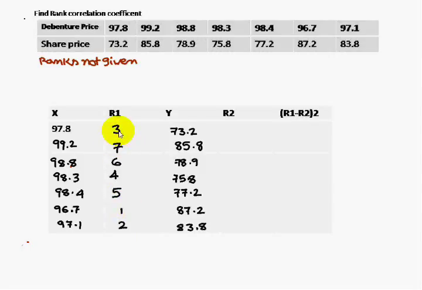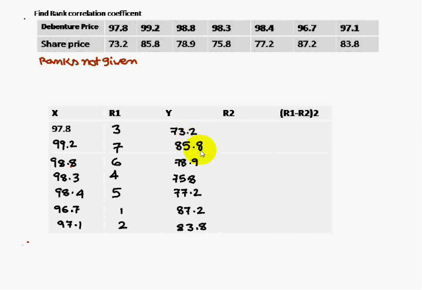The next value is 97.38, that is rank 3. Next highest value is 98.3, I have given it 4. Next highest value is 98.4, therefore 5th rank. Next 98.8, 6th rank. 99.2, 7th rank.